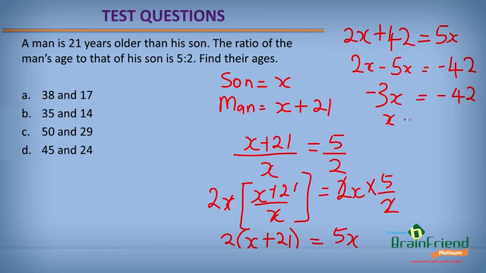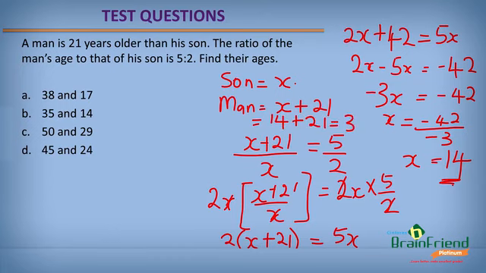So x is equal to minus 42 over minus 3, meaning that x is equal to 14. And we said x is the son's age. So the man's age is x plus 21. So his age is x here, 14, plus 21 is equal to 35.